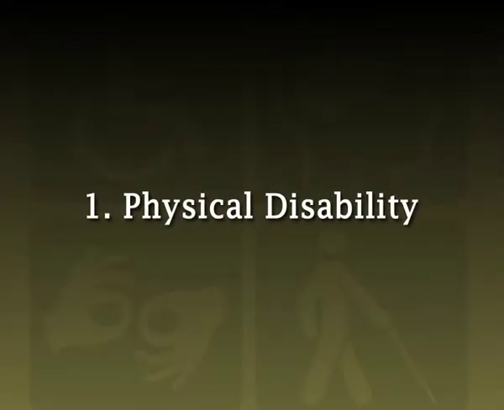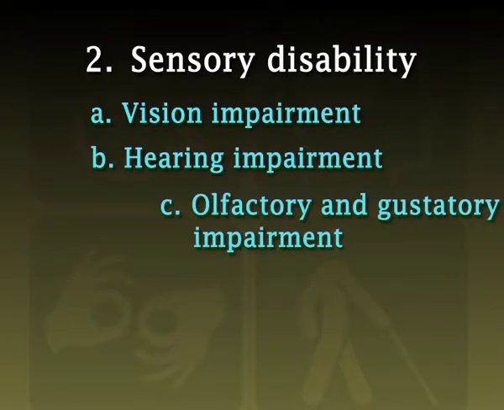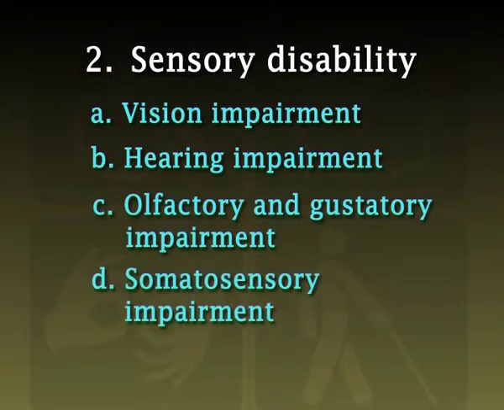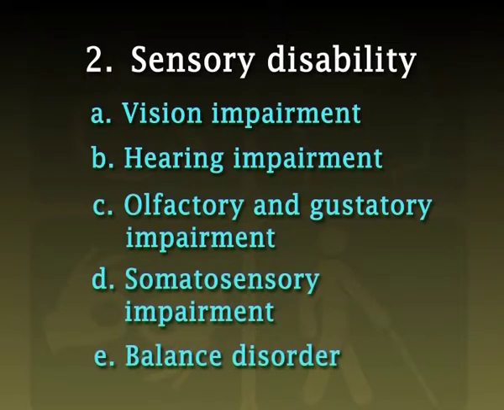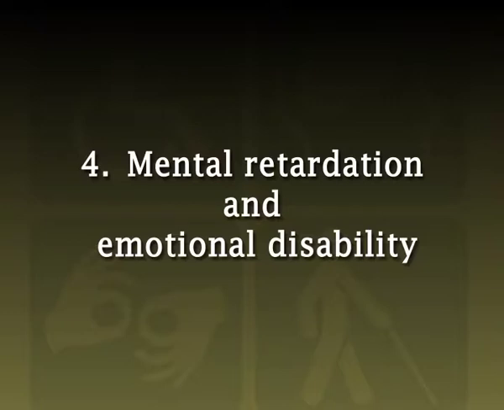There are various types of disability as described in the list. Number 1, physical disability. Number 2, sensory disability, which includes vision impairment, hearing impairment, olfactory and gustatory impairment, somatosensory impairment, balance disorder. Number 3, intellectual disability. Number 4, mental retardation and emotional disability.